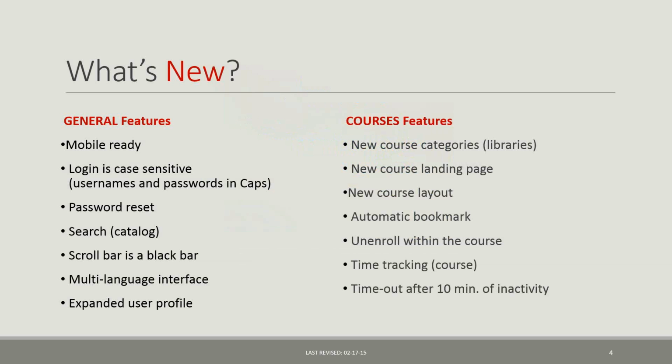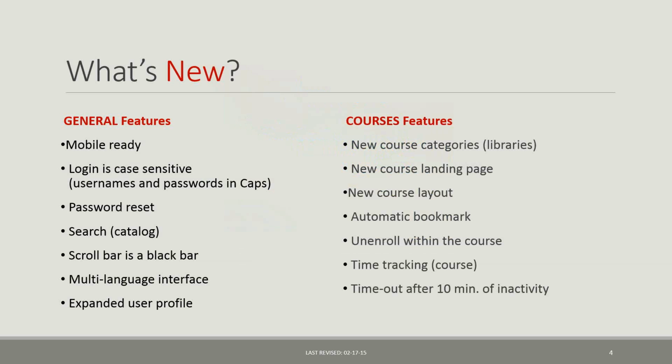New feature or new way of working, the bookmark. The bookmark now happens automatically as soon as you close the course. So you don't have to go to a specific place to bookmark the page of a course. Once you close the course, the system automatically remembers that that was the last place you went, and when you go back to the course, it will ask you, do you want to start at the beginning or do you want to resume where you left?